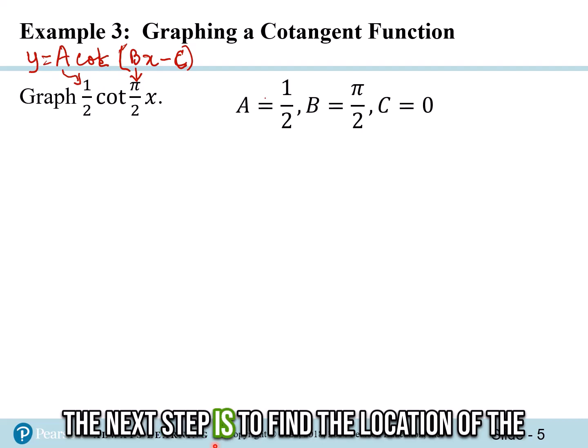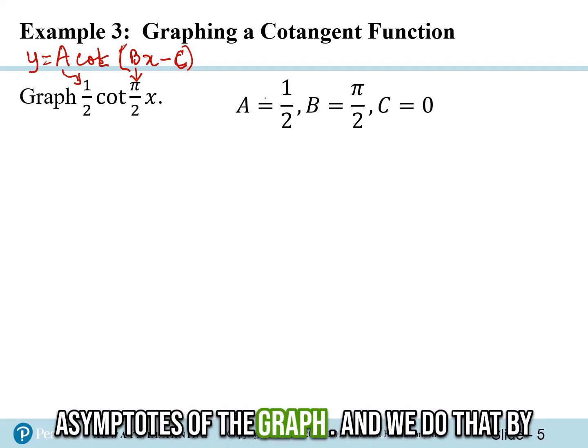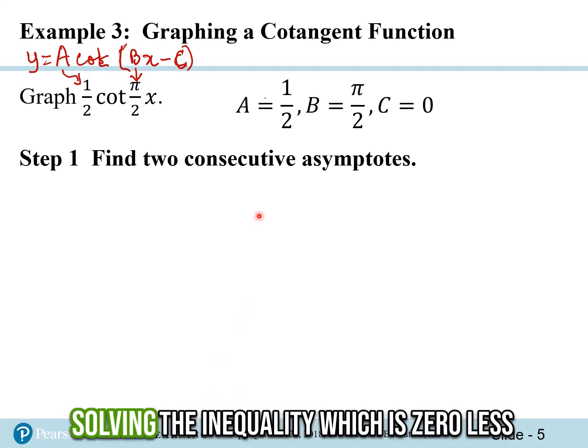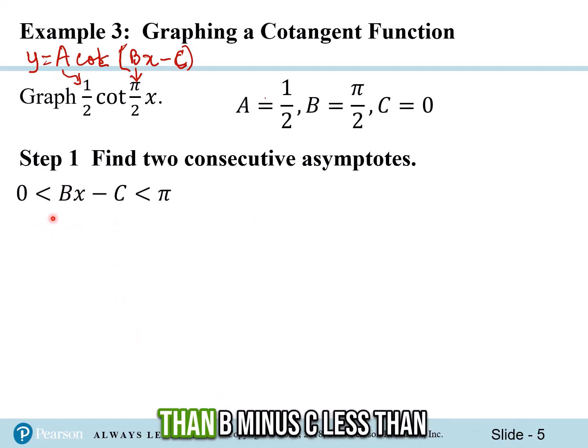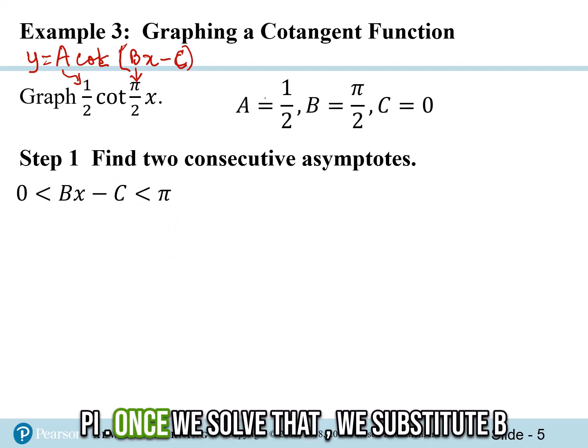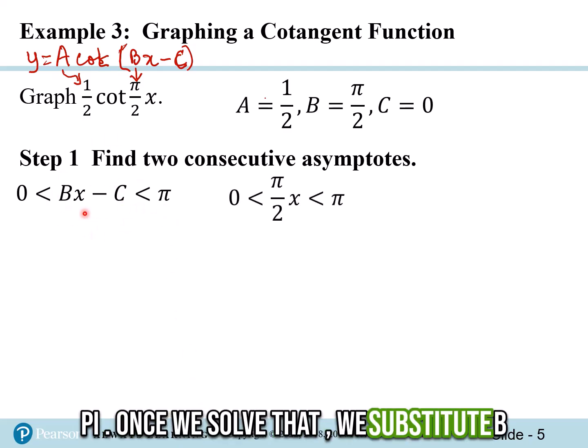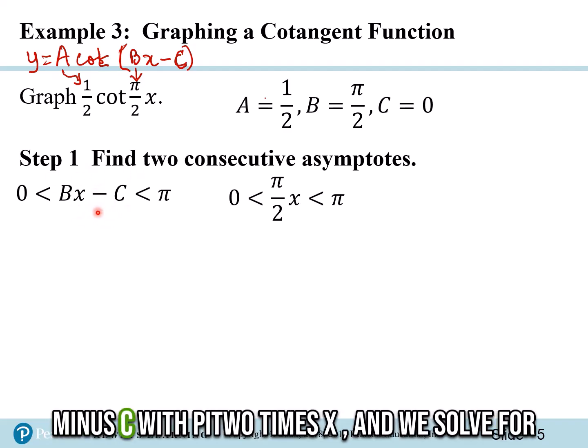The next step is to find the location of the asymptotes of the graph. And we do that by solving the inequality, which is 0 less than bx minus c less than pi. Once we solve that, we substitute bx minus c with pi over 2 times x, and we solve for x.